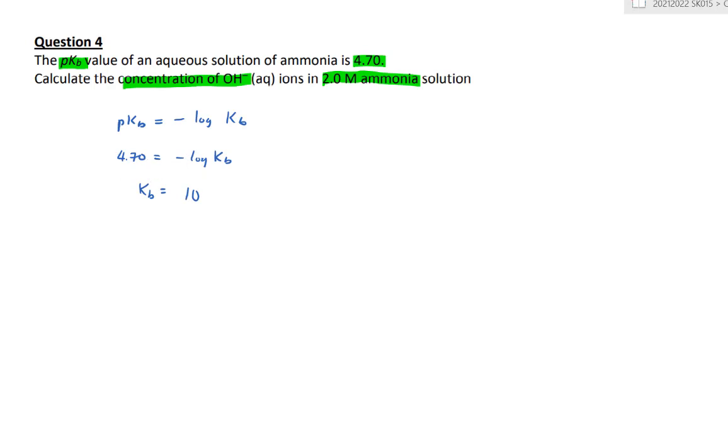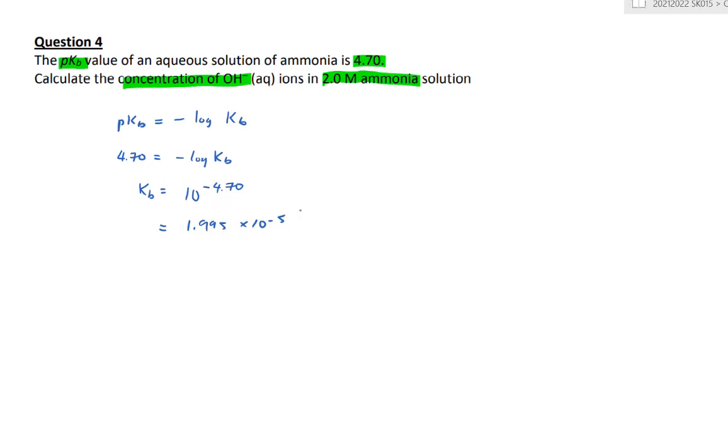So we have 10 to the power of negative 4.70, or shift log negative 4.7, and you will get the value of Kb equals 1.995 times 10 to the power of negative 5. There's no unit for Ka or Kb. So now you have your Kb value for this ammonia solution.